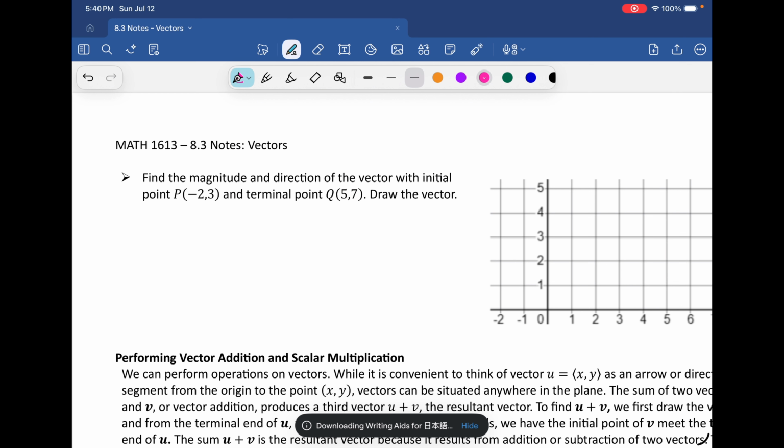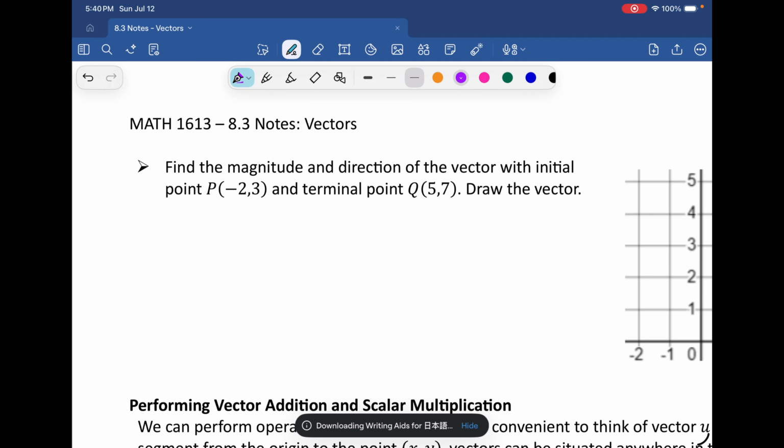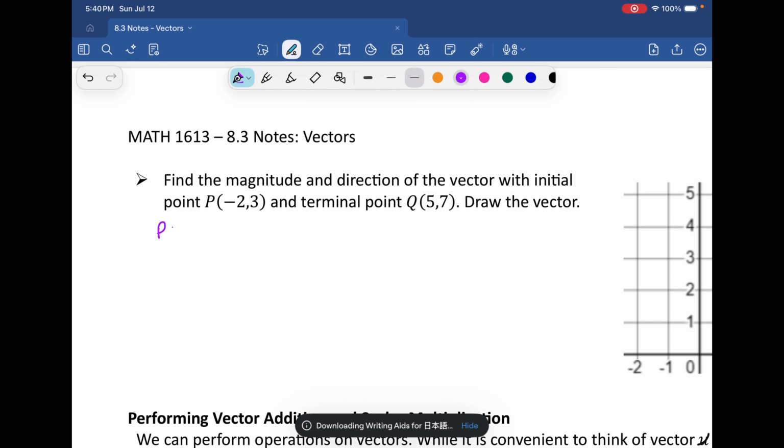Find the magnitude and the direction angle of the vector with initial point P at negative 2, 3 and terminal point Q at 5, 7. We're going to draw the vector. All right, so the first thing we're going to do is find the position vector. Terminal minus initial, terminal minus initial.